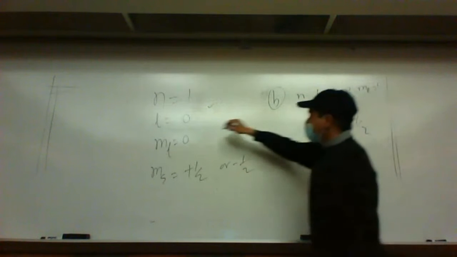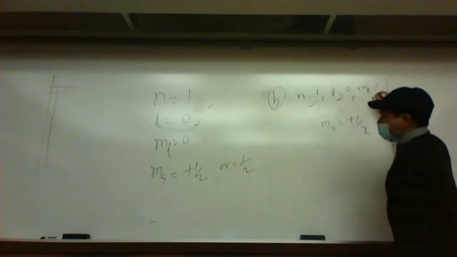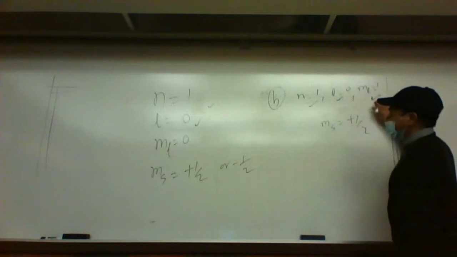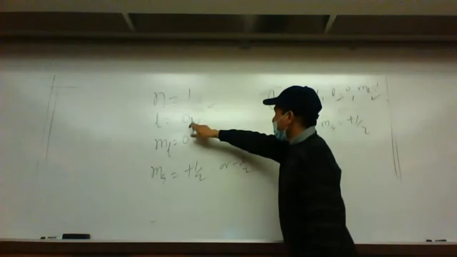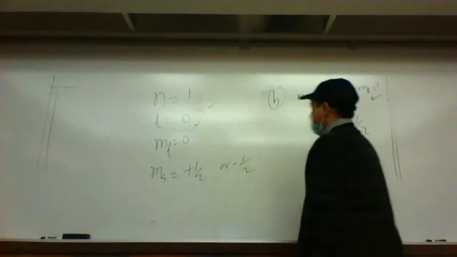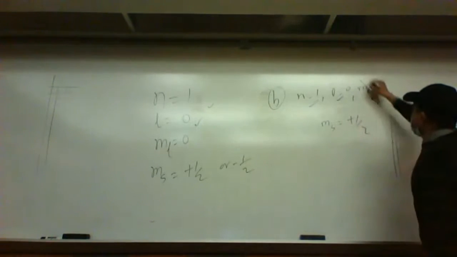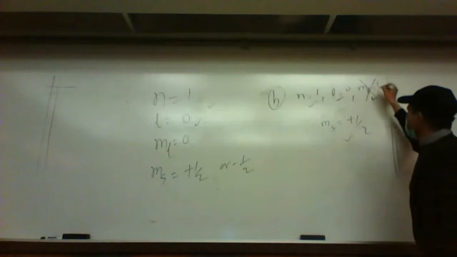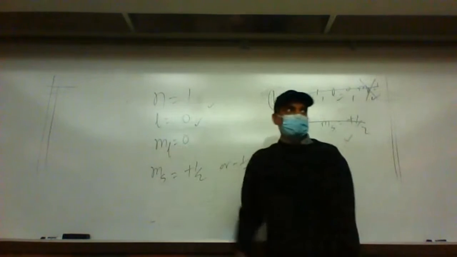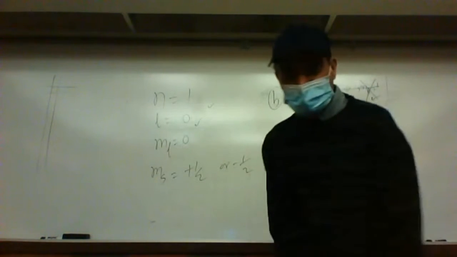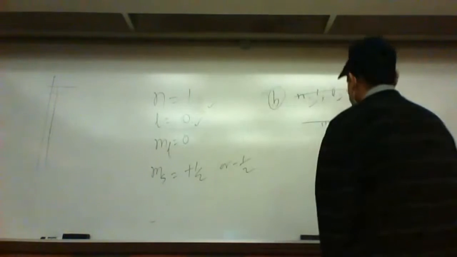L equals 0, that's good. ML is equal to 1 here. When you have n equals 1 and L equals 0, you don't have ML equal to 1. So this is wrong. Since this one is wrong, everything is wrong. There is no ML equal to 1 here. Make sense?